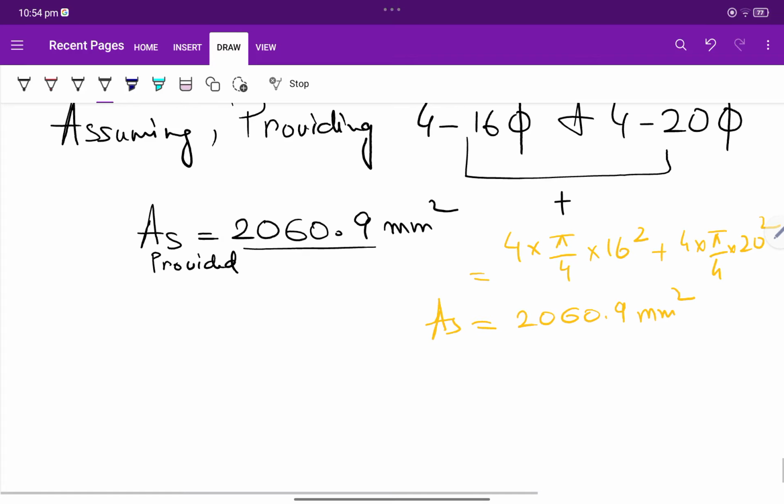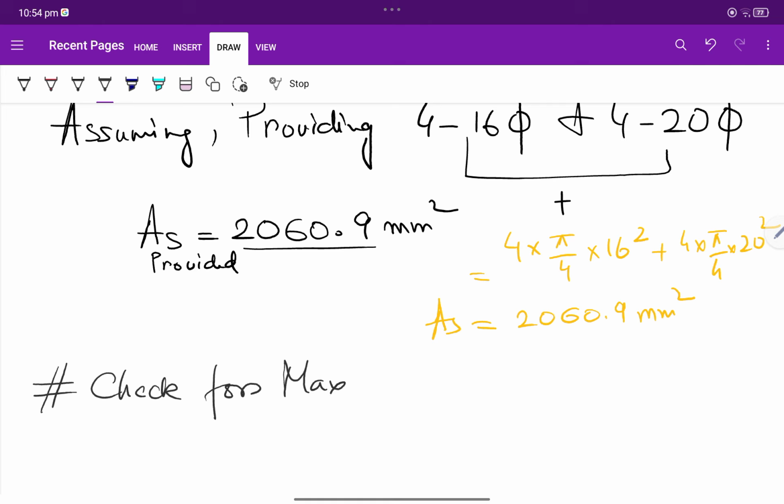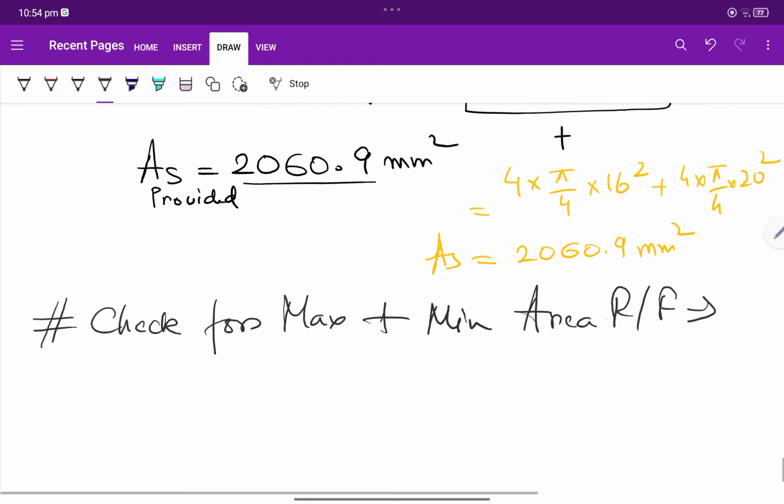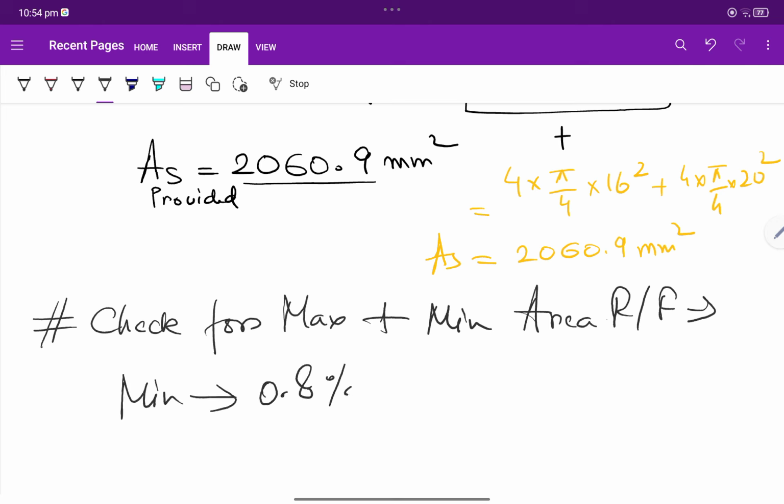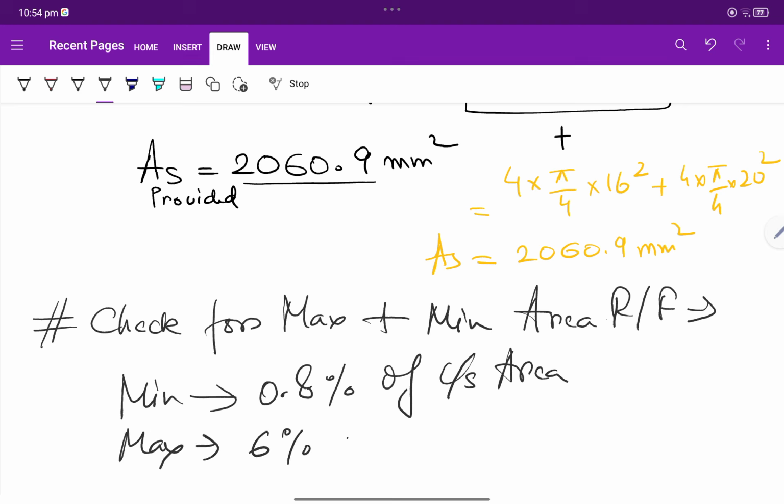So you can write it here: check for maximum and minimum area of reinforcement. We know that the minimum is 0.8% of cross section area, and the maximum is 6% of cross section area.